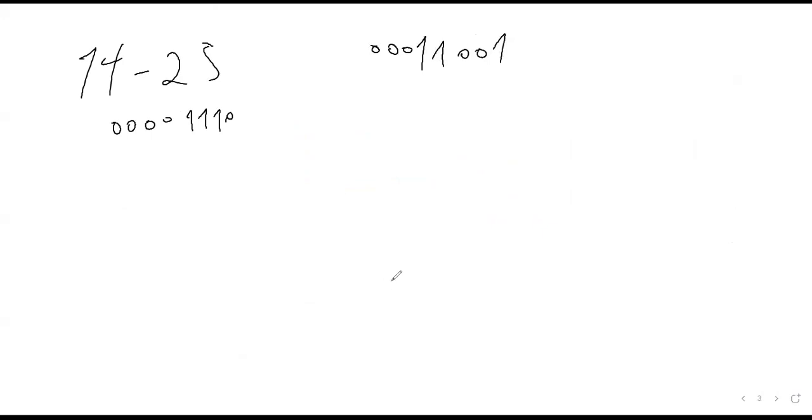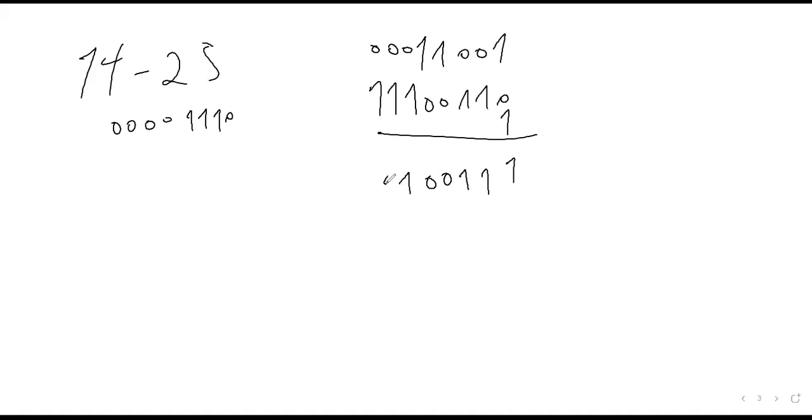First step, take the 2's complement of the second operand. So we invert this one: 1, 1, 1, 0, 0, 1, 1, 0. We add 1: 1, 1, 1, 0, 0, 1, 1, 1. We add this to 14.